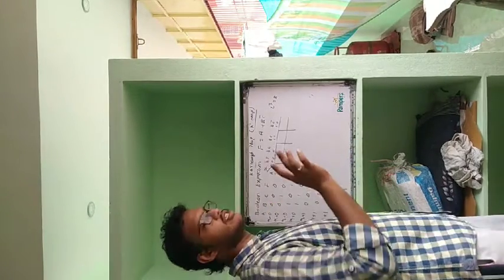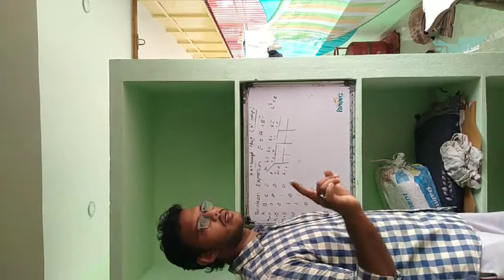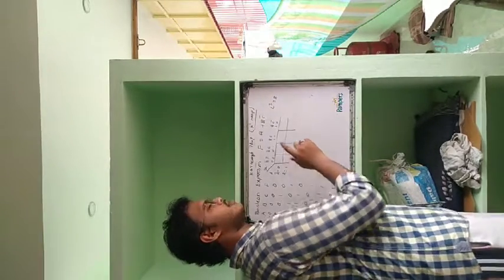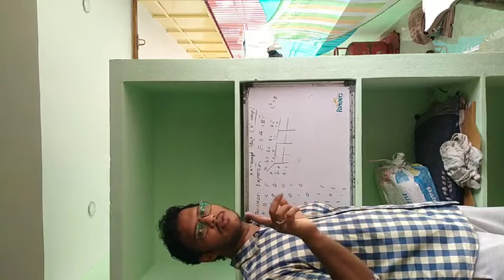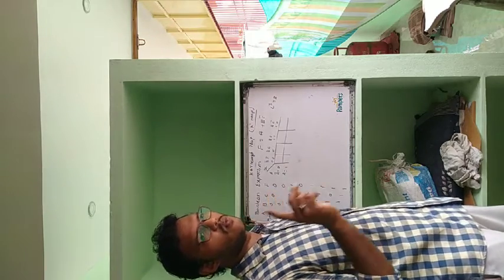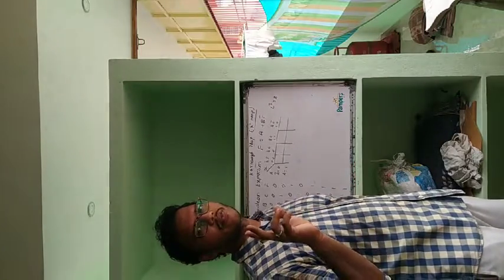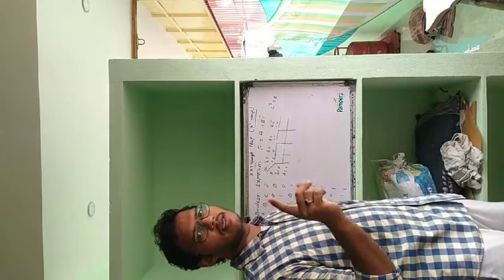So for the adjacent cell, the bit is changed by only one variable.